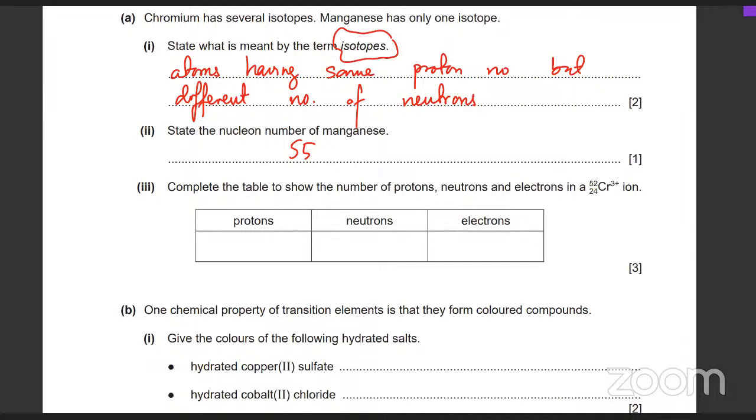इसका बता दो. Cr3 plus 52 24. Okay, what's the proton number? I forgot this. ये छोटा वाला होता है, that's proton number, that's 24.